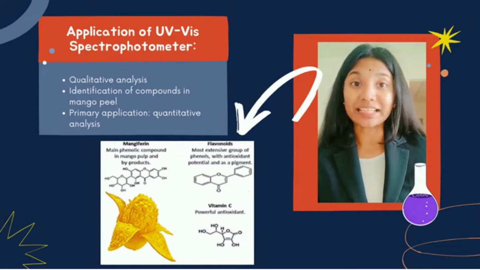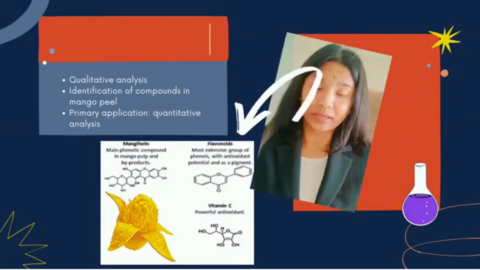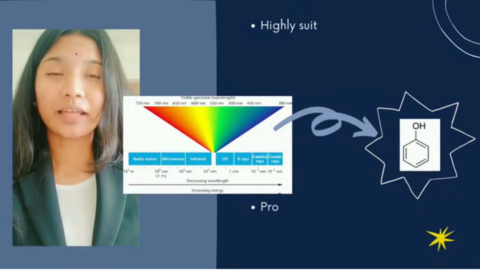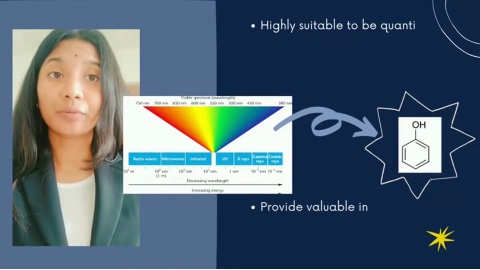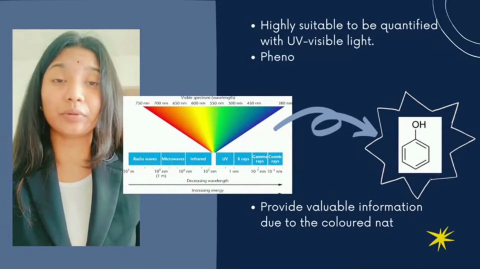Phenolic compounds including mangiferin, rutin, quercetin, and phenols form complexes with iron that have been detected by UV Vis spectroscopy. Due to their biochemical and molecular properties, phenolic compounds are highly suitable to be quantified with UV visible light.